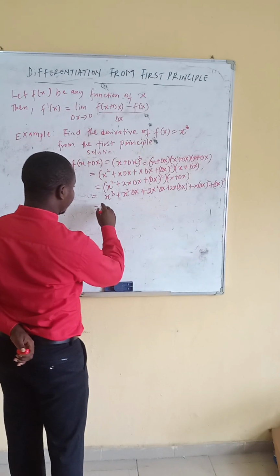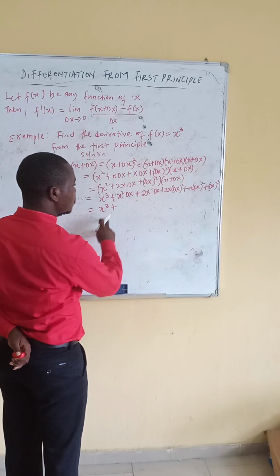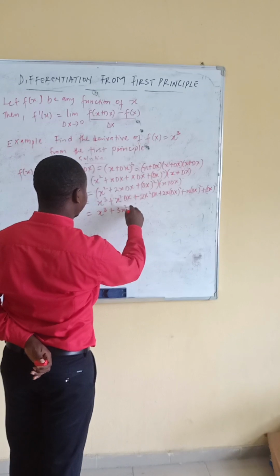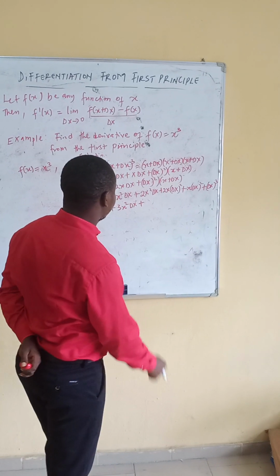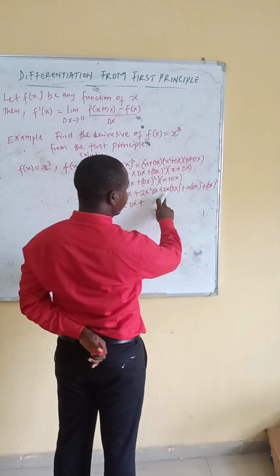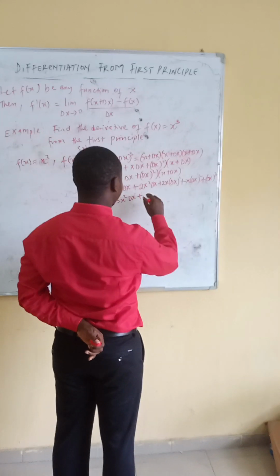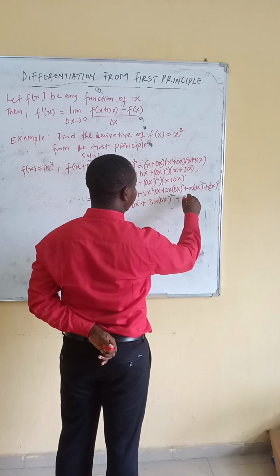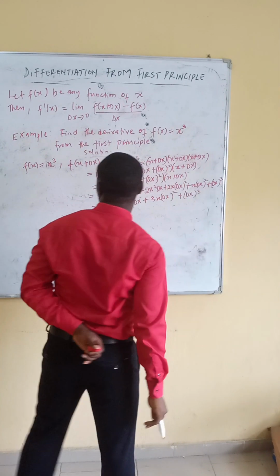Now we sum up: x cubed plus x squared change in x terms gives us 3x squared change in x, plus 3x change in x all to the power of 2, plus change in x all to the power of 3.